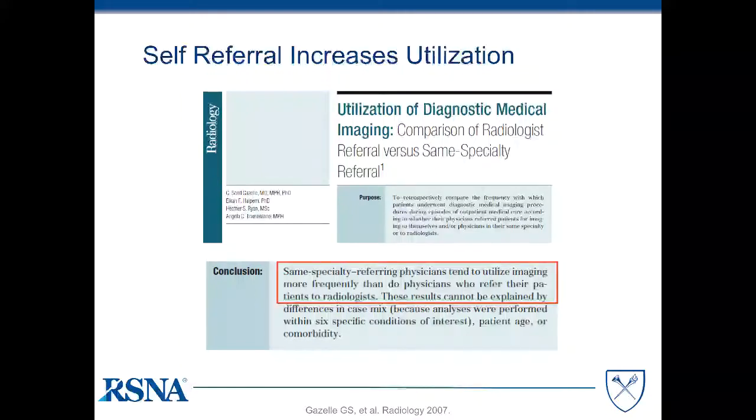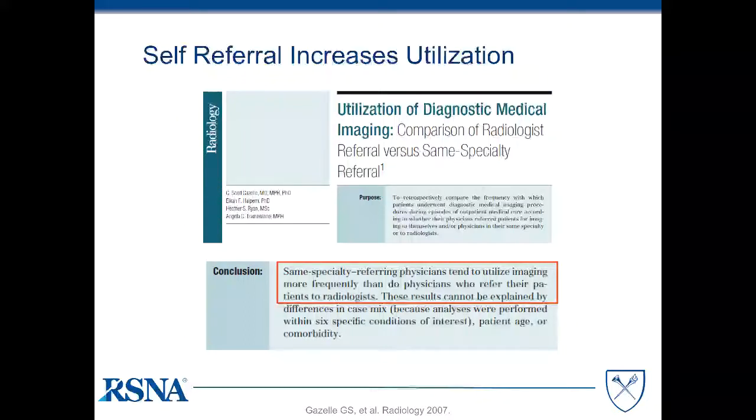They found that same specialty referring physicians tend to utilize imaging more frequently than do physicians who refer their patients to radiologists. Again, physicians who refer imaging to their own practices use imaging at much higher rates. Importantly, that referral rate disparity was not explained by case mix, patient age, or patient comorbidities.